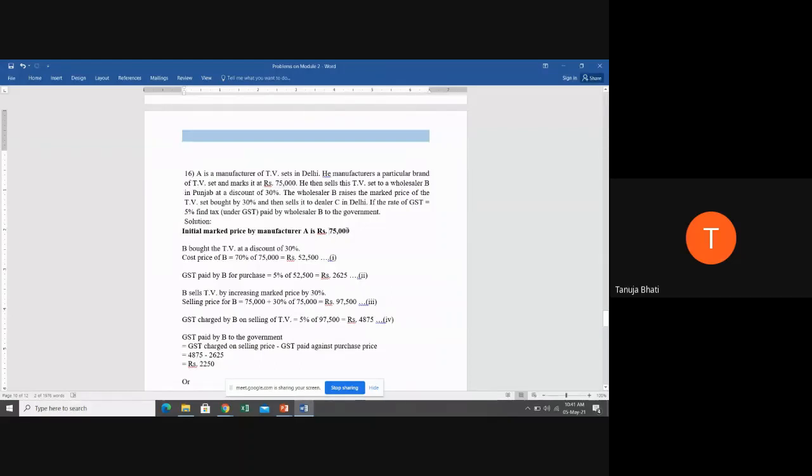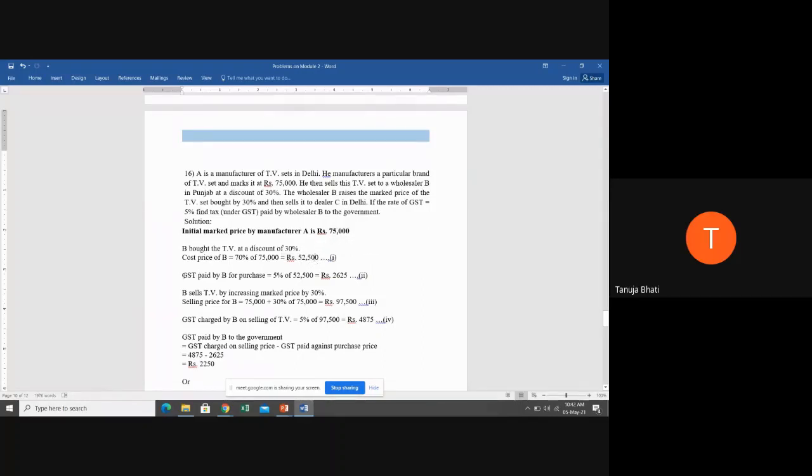So 75,000 minus 30% comes to 52,500. If the discount is 30%, the cost price to B will be 70% of 75,000. You can show it in any manner, students. Either 75,000 minus 30% discount, or directly take 70% of 75,000. So the total cost price to B becomes 52,500.